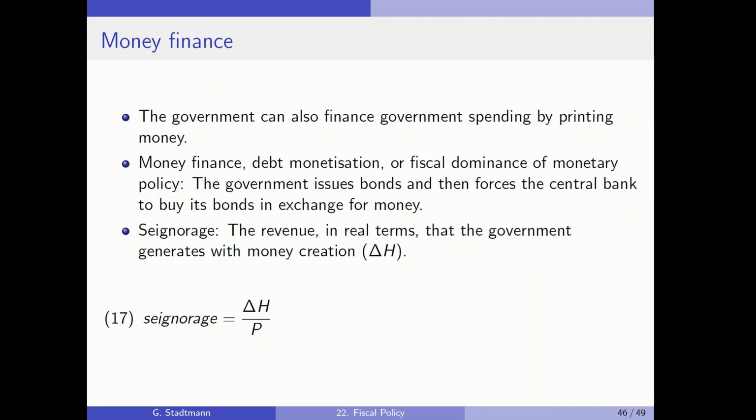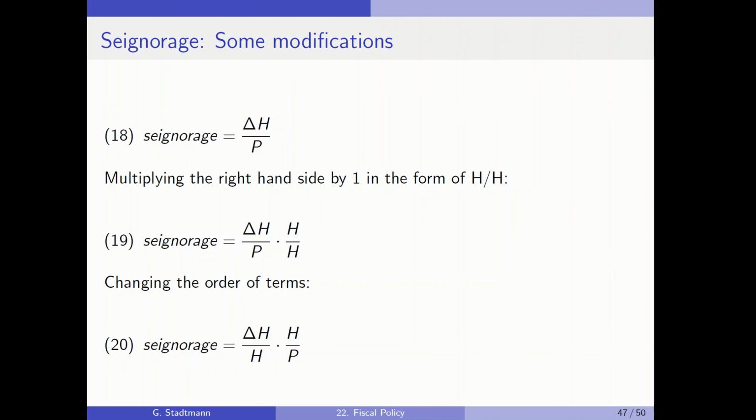In the following, I would also like to modify this equation so that we can gain more insights into this relationship. So let's modify equation 18 a little bit. We multiply through the right-hand side by 1 in the form of h over h. So we are multiplying the right-hand side by 1, but not a normal one, but in the form of h over h.